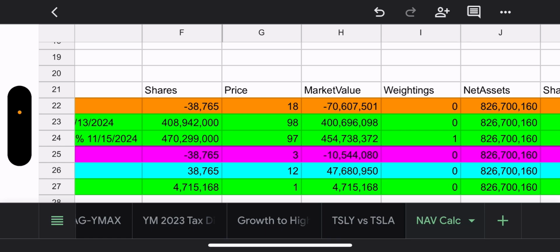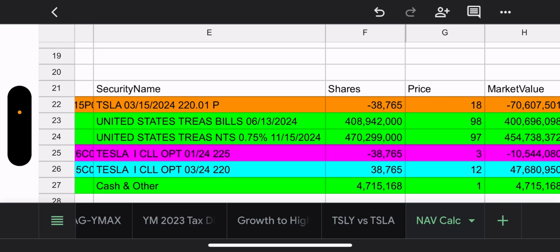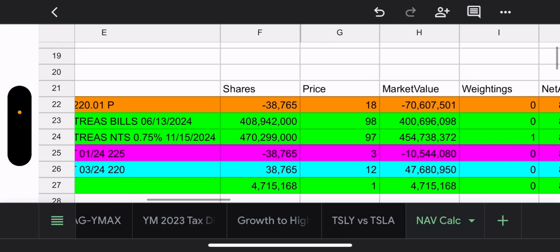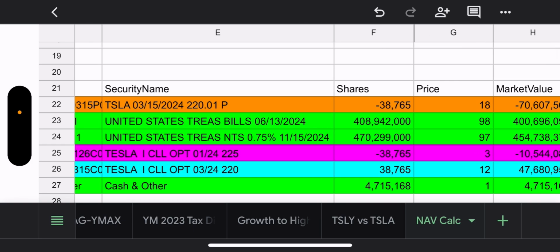Now, what brings it up? We kind of talked about this before. In turquoise, the buy call brings it up. So as Tesla goes up, especially above the strike of the buy call, which is 220, the market value of that buy call is going to become more valuable. So when the synthetic expires, if this synthetic expires above 220, two things will happen.